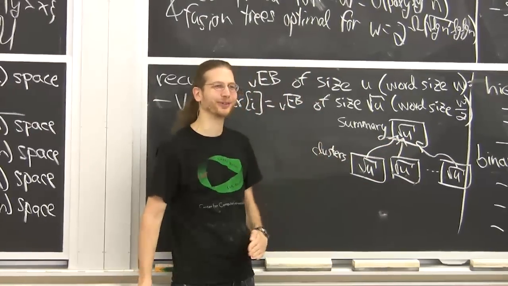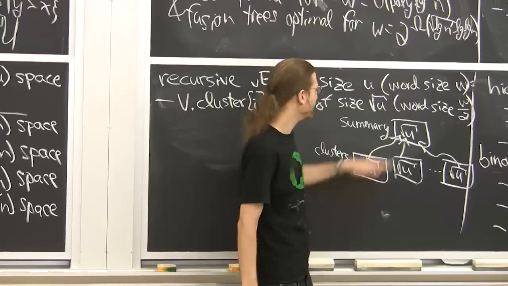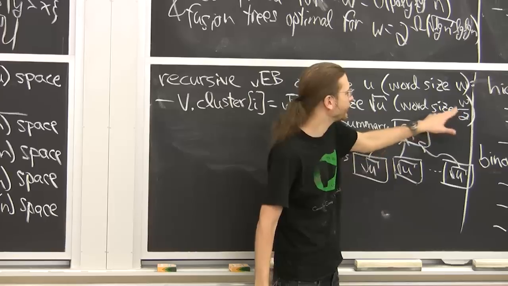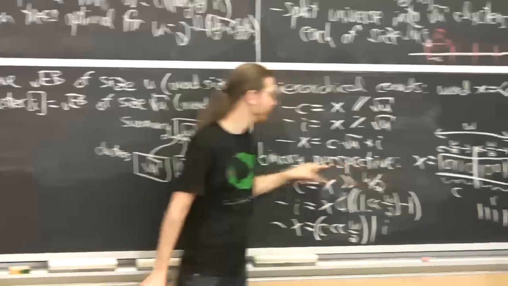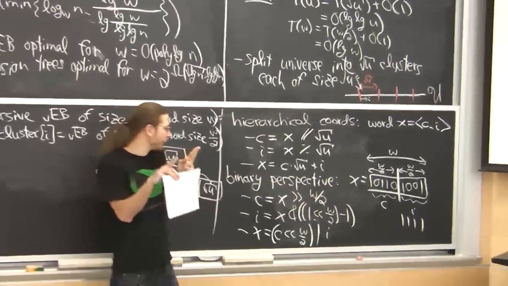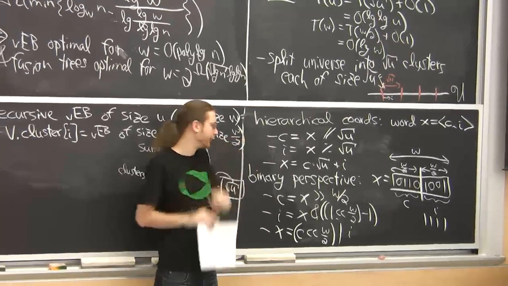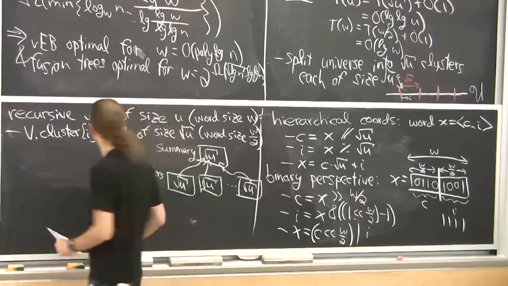It doesn't get smaller as you recurse. We're not going to try to spread the parallelism around or whatever. But this is just a notational convenience. I want to say the word size conceptually goes down to w over 2 so that this definition still makes sense. Because as I look at a smaller part of the word, in order to divide it in half, I have to shift right by a smaller amount. So that's the w that I'm passing into the structure.